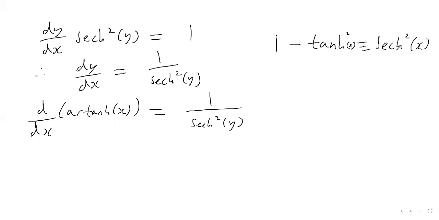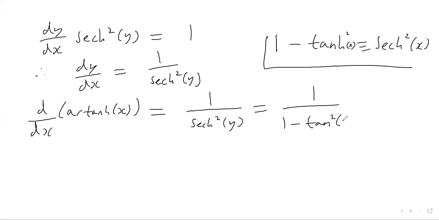So we know that sech squared is 1 minus tanh squared, and we can rewrite this fraction as 1 over 1 minus tanh squared. Sorry, my bad, this should be a y, because we're doing sech squared of y. So sech squared of y equals 1 minus tanh, hyperbolic tan, squared of y.